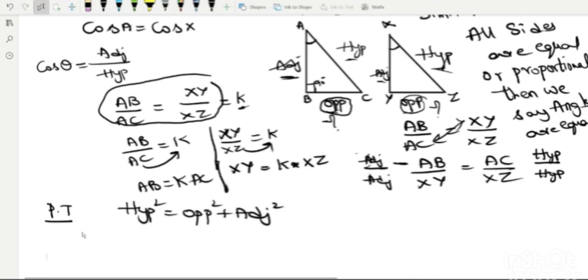Here you can write for triangle ABC, the hypotenuse side would be AC square, the opposite side would be BC square, and the adjacent side would be AB square.